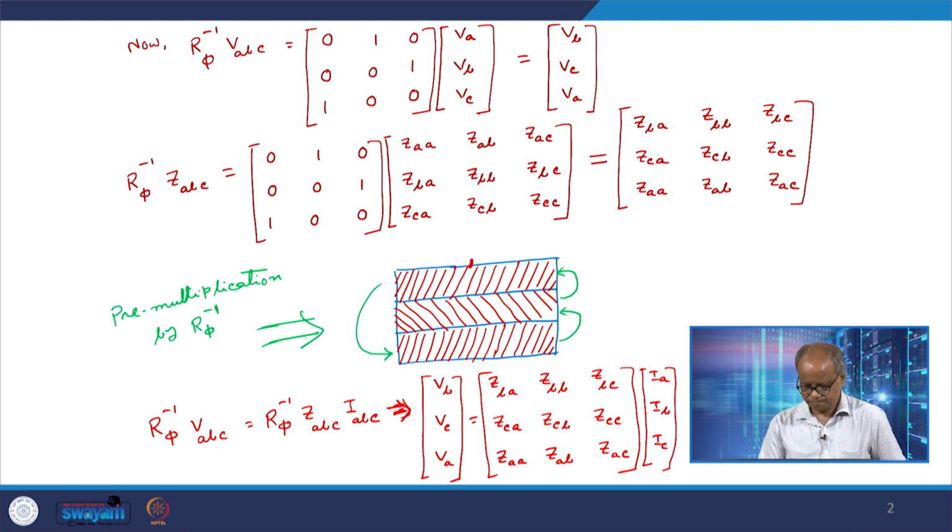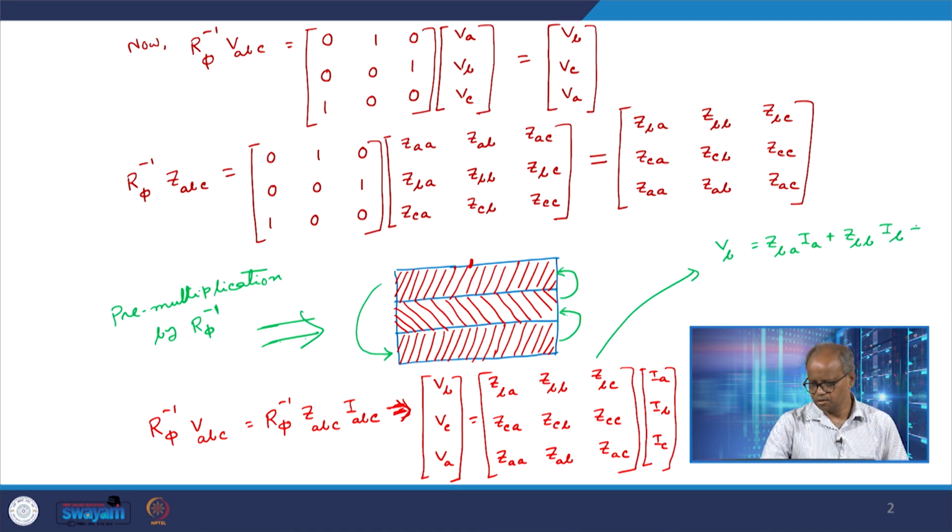Here you see that the first row has come to the third position, and similarly for the others. As an example, the expression of VB is nothing but ZBA into IA plus ZBB into IB plus ZBC into IC, and this is nothing but the original expression of the voltage VB.